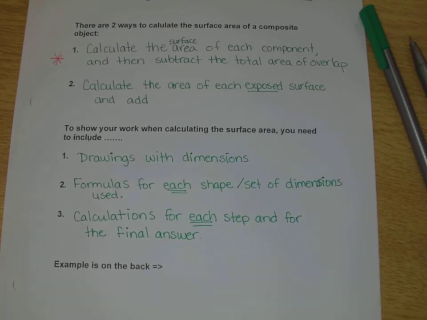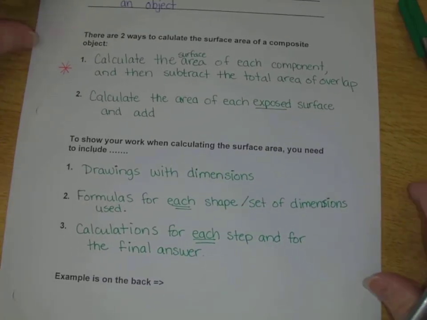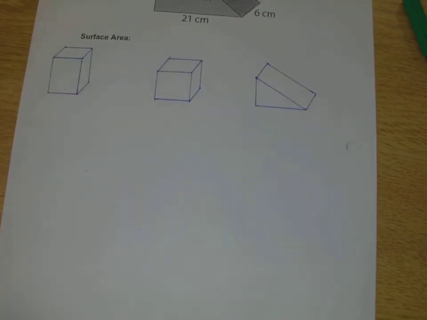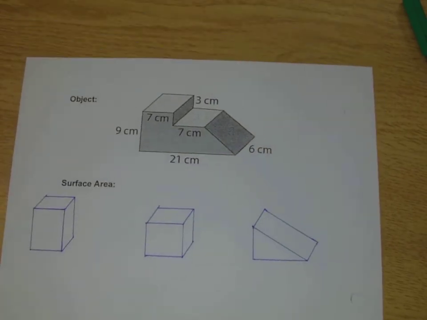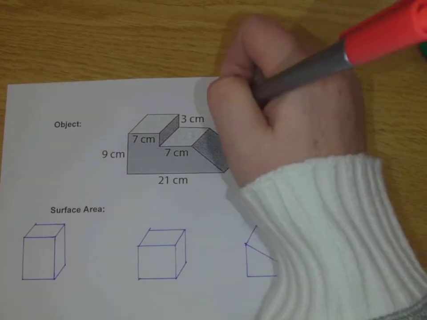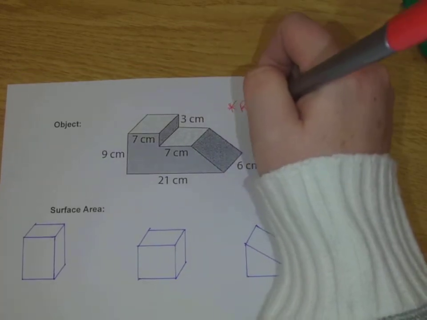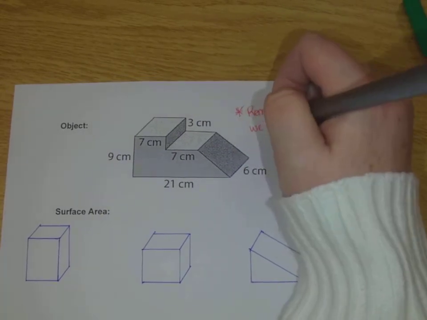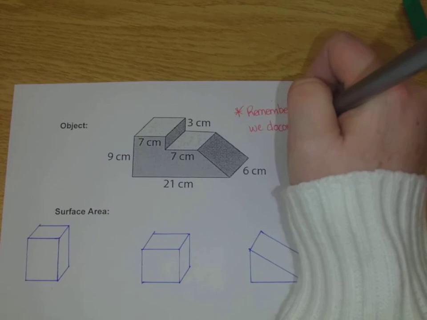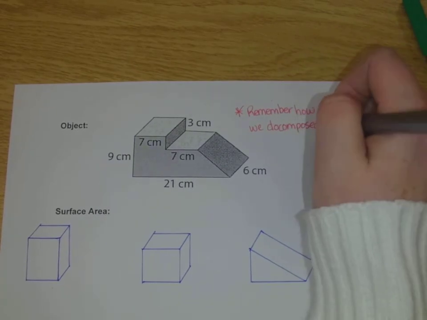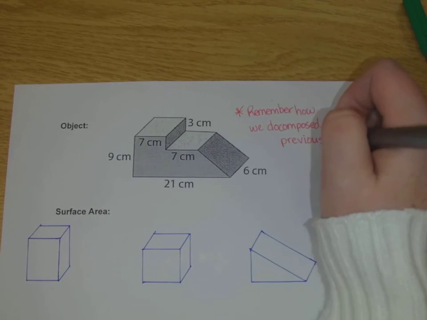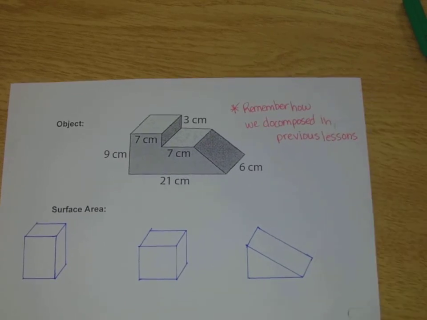Okay? So now we are on the back of your sheet. So after you've paused and written all this down, you can come back and we are on the back. So I want you to remember how we decomposed in previous lessons. Okay, so we have the same shape. So I wanted you to see all the different steps you can do with your shapes.